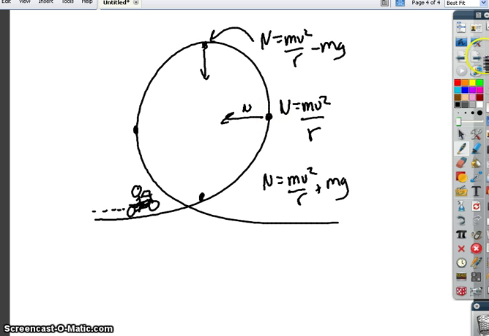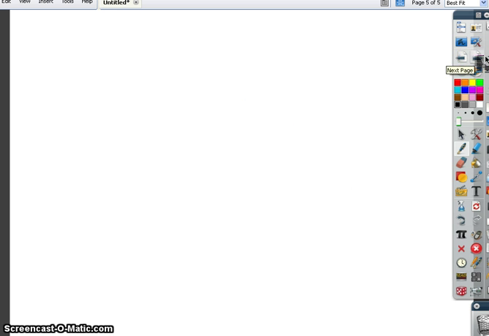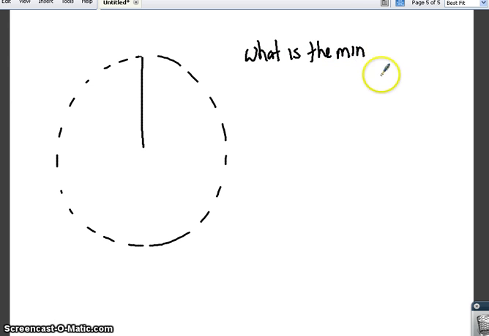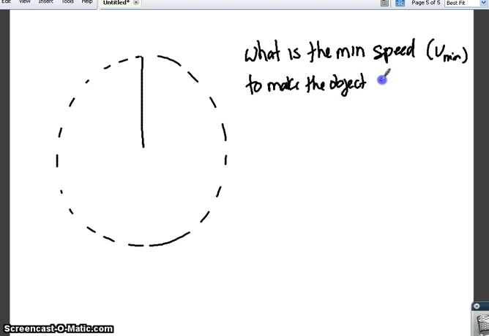Okay. There's only one more thing I want to talk about. We'll go back to the string here, and some questions say, what is the minimum speed, or minimum velocity, to make the object go in the circle?